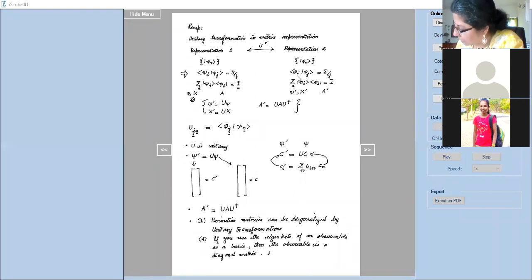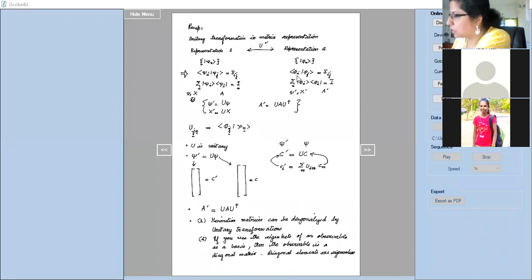Not only that, the diagonal elements are the eigenvalues of that particular observable, right? Now I'm going to change page.